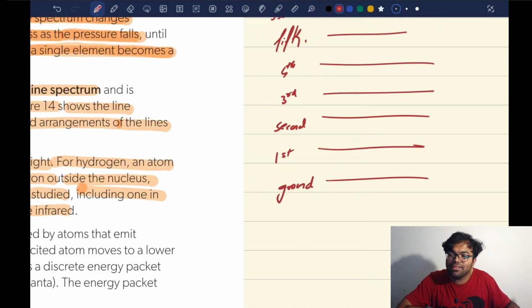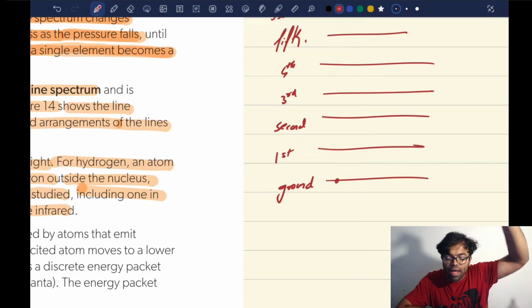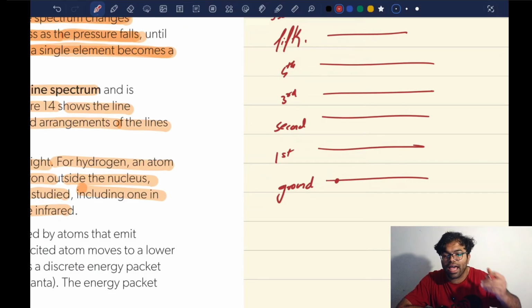The Lyman series says that if an excited electron falls back to the ground state, the light it releases will be ultraviolet light.